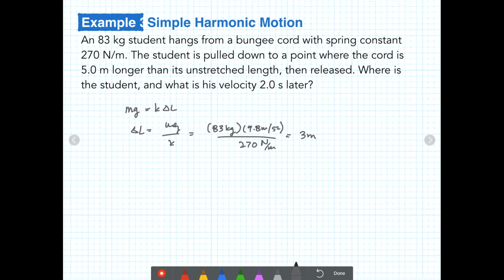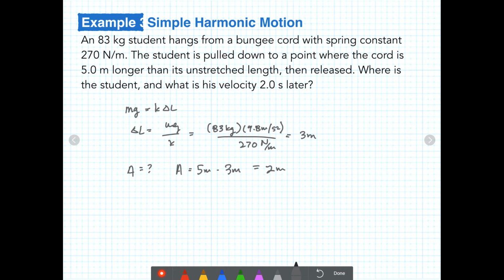Since the cord is 5 meters longer than the unstretched length, how are we going to find amplitude? Well, amplitude is going to be equal to 5 meters minus 3 meters, so that means we have a 2 meter amplitude.